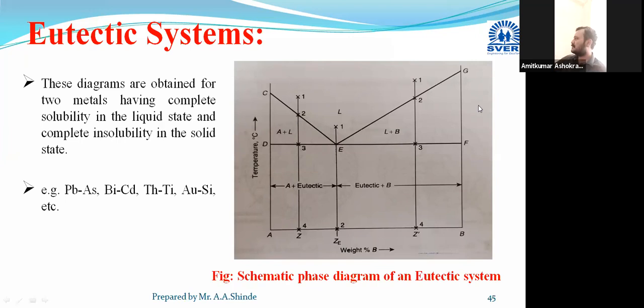Okay, this is the equilibrium diagram for a eutectic system. You can give other names also for these points. I have collected this from V.D. Kodgire's book.